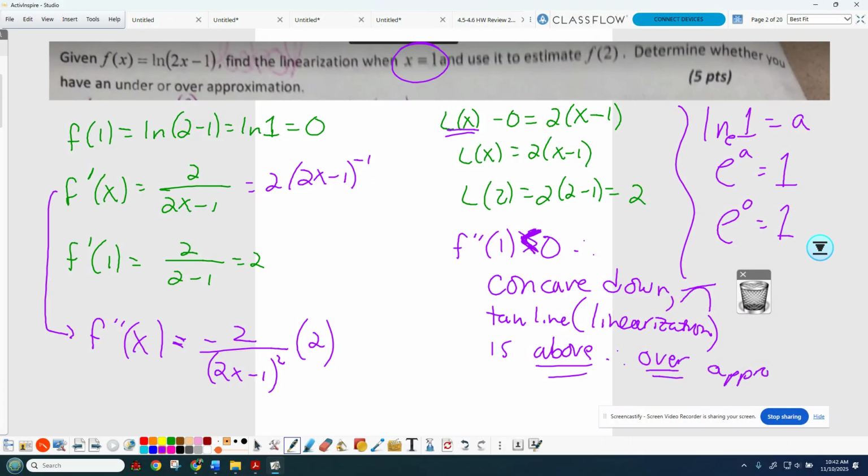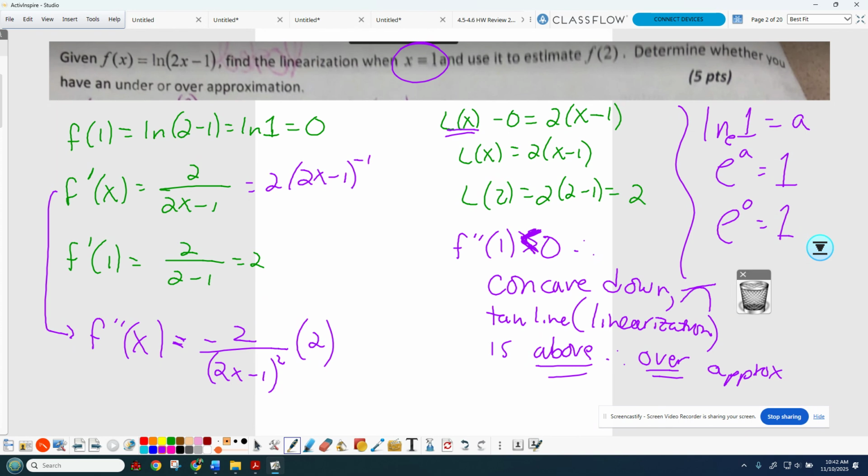So, took a minute to write down what he said. But what he said was, well, second derivative, and test the second derivative at the place where you made the tangent line. The second derivative at that exact spot was negative, which means the function's concave down. And then he said in words, and I drew the picture, because it's concave down, the little tangent line's gonna sit on top.